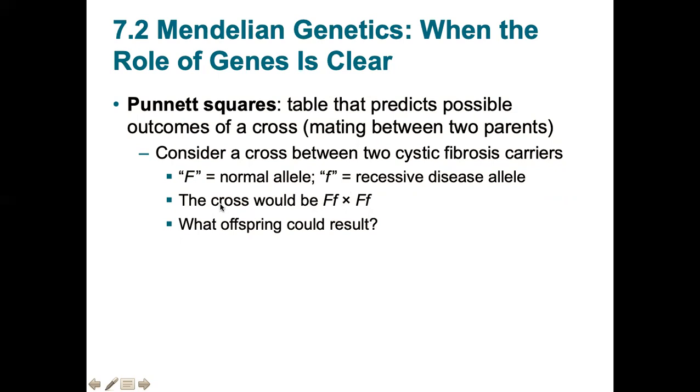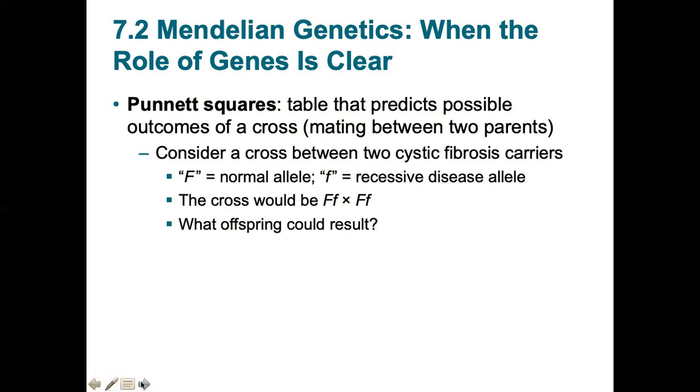And what they're asking here then is, okay, if you had two parents, both that did not have cystic fibrosis, because they each had the dominant allele that said no fibrosis, but they also each had an allele that was recessive that could potentially end up in a zygote in the offspring, that means that they would have cystic fibrosis.